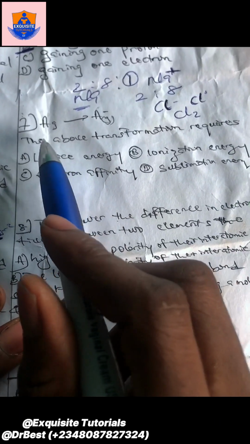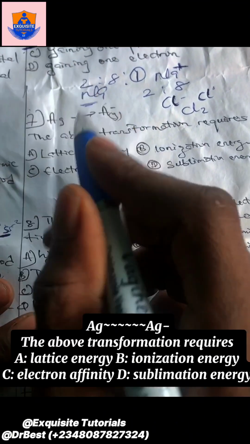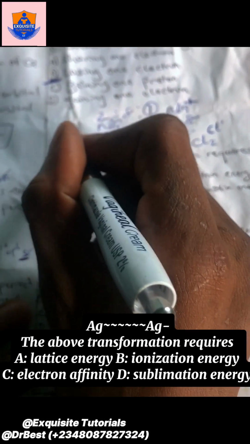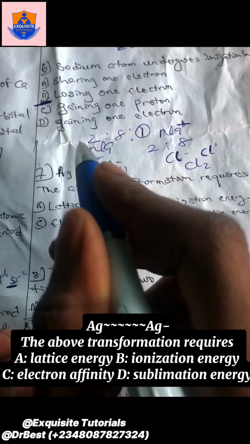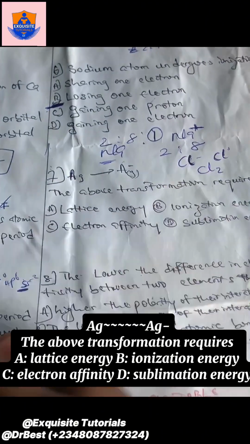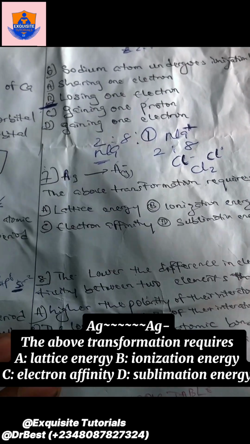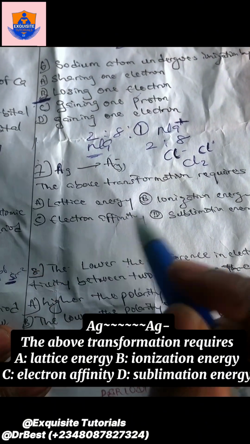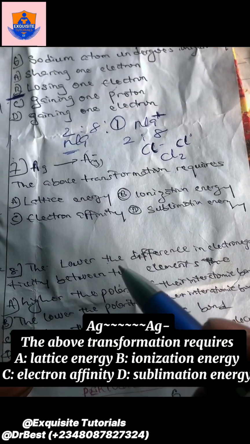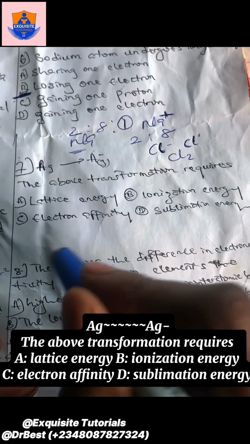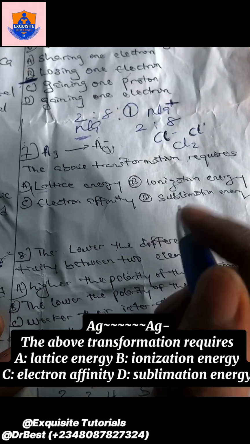Number 7 says, now this is a reaction here, and A is an element which is converted to an ion. The above transformation requires dash: lattice energy, ionization energy, electron affinity, sublimation energy. Now this one is already out of the equation.